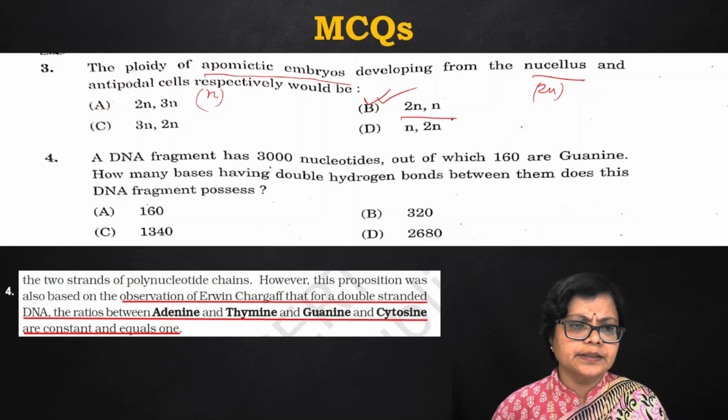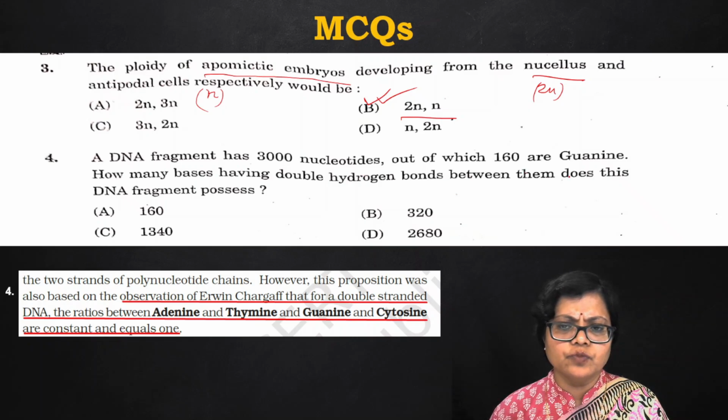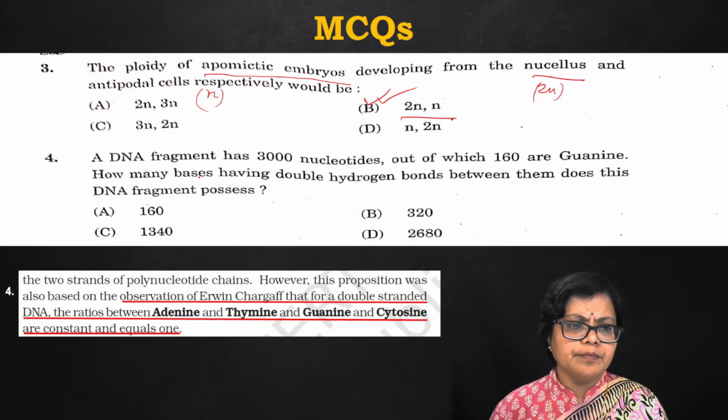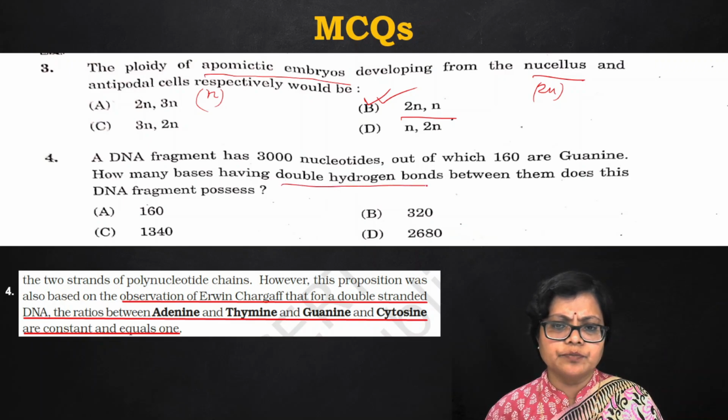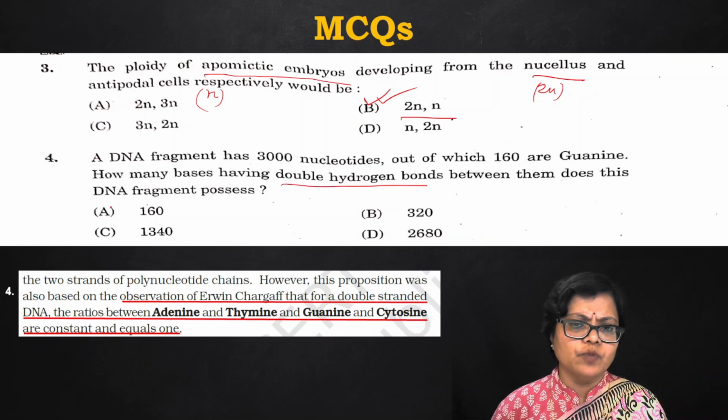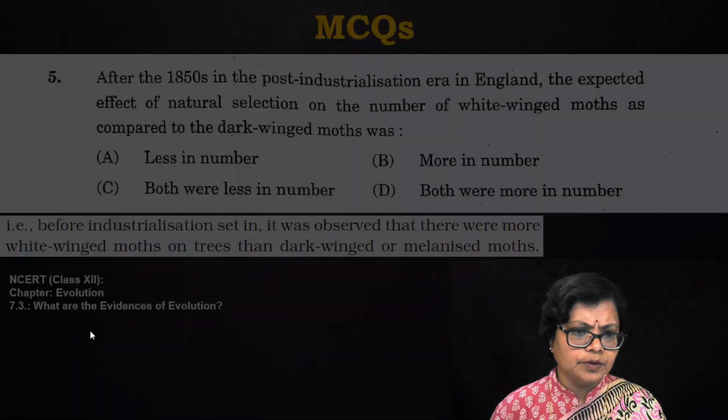DNA fragment has 300 nucleotides, out of which 160 are guanine. How many bases have double hydrogen bond? Double, not triple, double hydrogen bond between them. Thus the guanine 160, DNA fragment 300. Again the Chargaff rule.